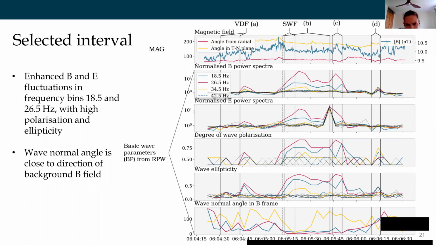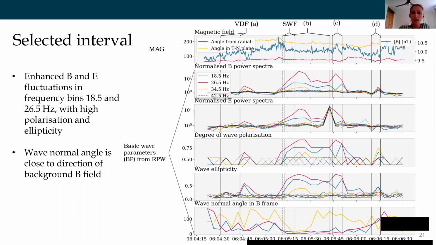And so we see a similar thing in the electric field power spectrum. We see that these fluctuations are polarized. So you see polarization is almost 1 here. And the wave ellipticity is also almost 1, which means that they're almost circular. And now the last panel tells us that the wave propagation angle is close to 0 for this period, which means that these are circularly polarized parallel propagating waves.